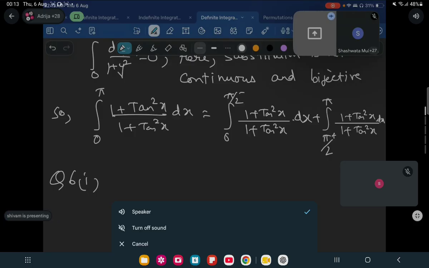Integral of dx upon 4 plus 5 sin x, from 0 to pi by 2. Part 2.